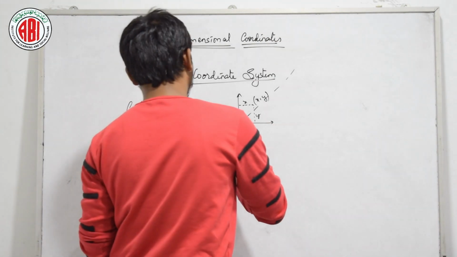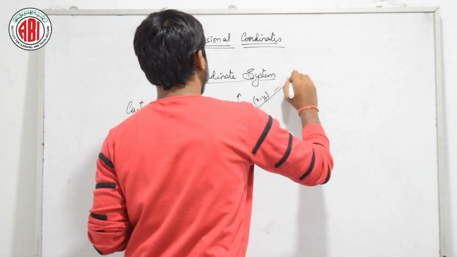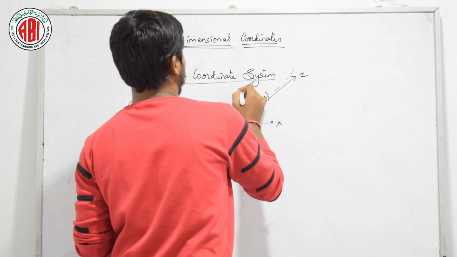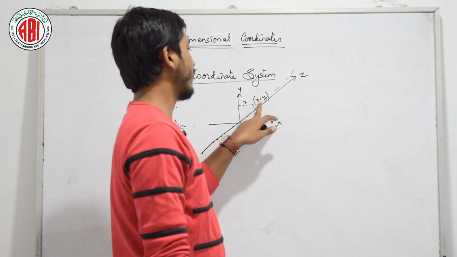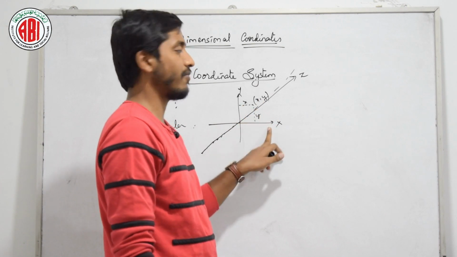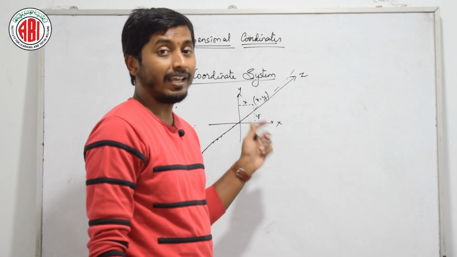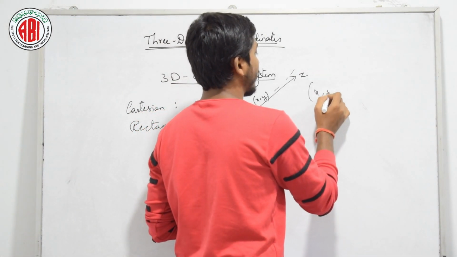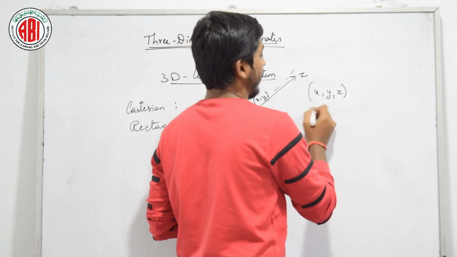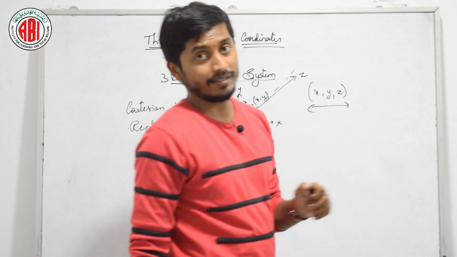This middle one is nothing but our z axis. If this is x, this is y, and that will be our z axis. In the previous cases we used to have only x and y coordinates. In 3D, we will have three coordinates, that is x, y and z.